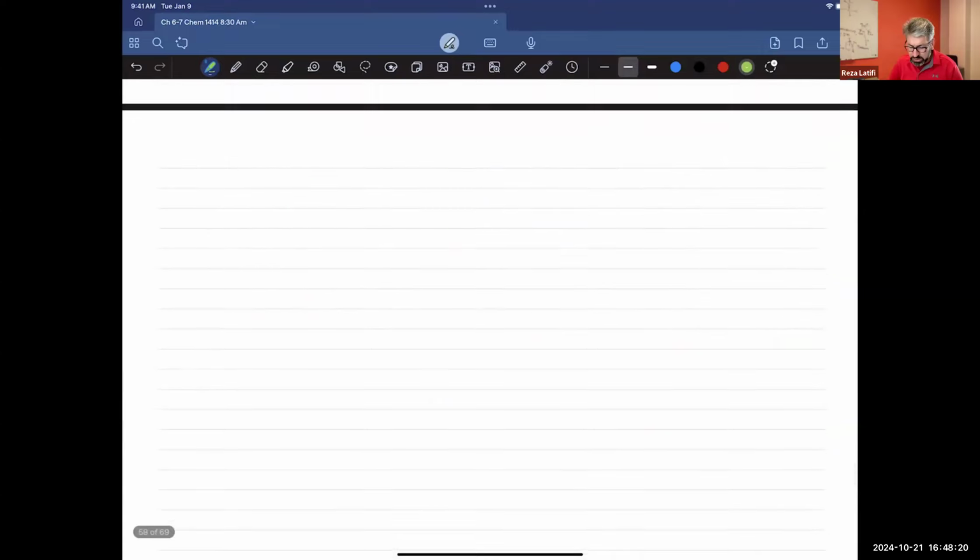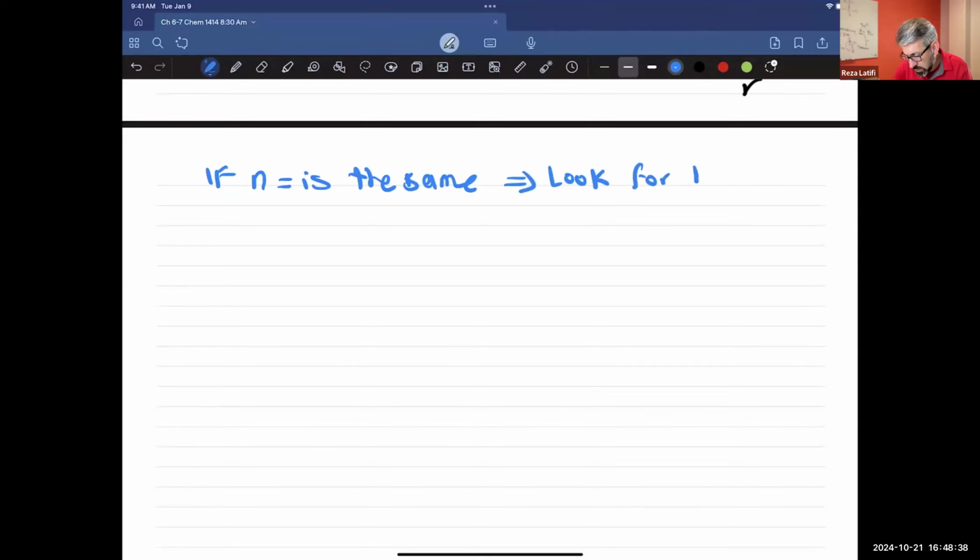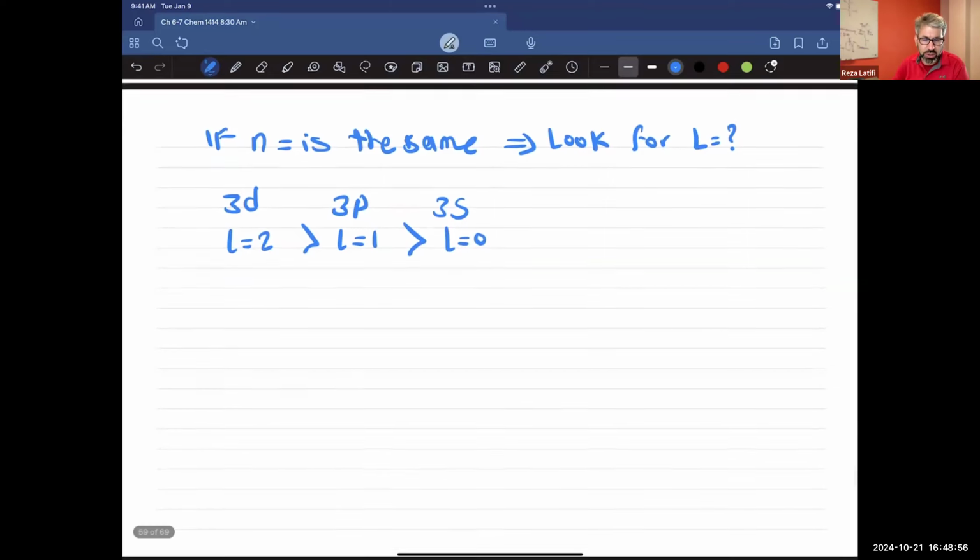So when it comes to orbitals that have the same n, if n is the same, then look for l. The 3d orbital, because it has l equal to 2, will have higher energy than the 3p orbital, where l is equal to 1. And the 3s orbital has l equal to 0, so that's going to be the one with the lowest energy.